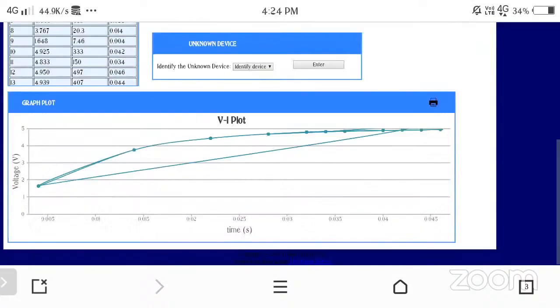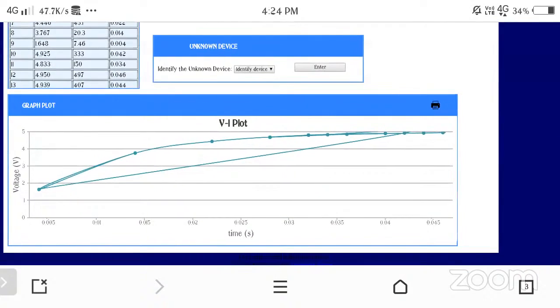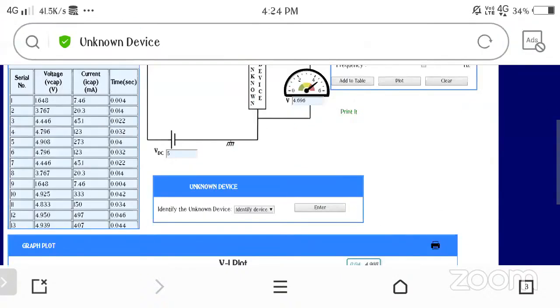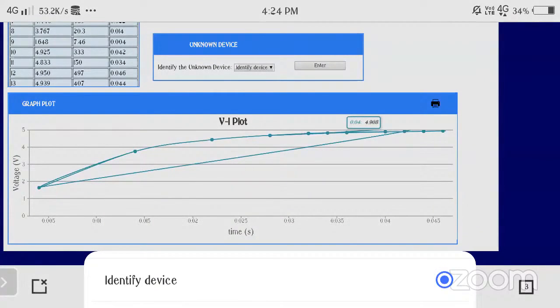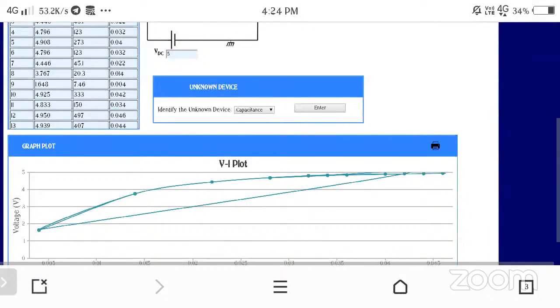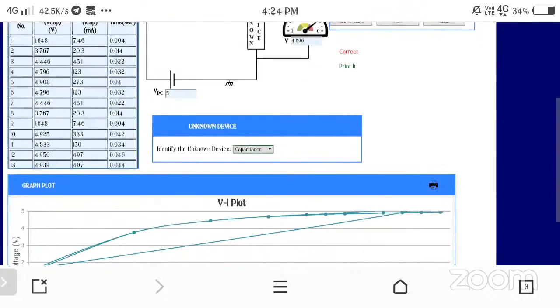So from the graph we can confirm that it is a capacitor. We will check it. As you can see, we included the correct result. So this is how you will find out which unknown device is connected across it.